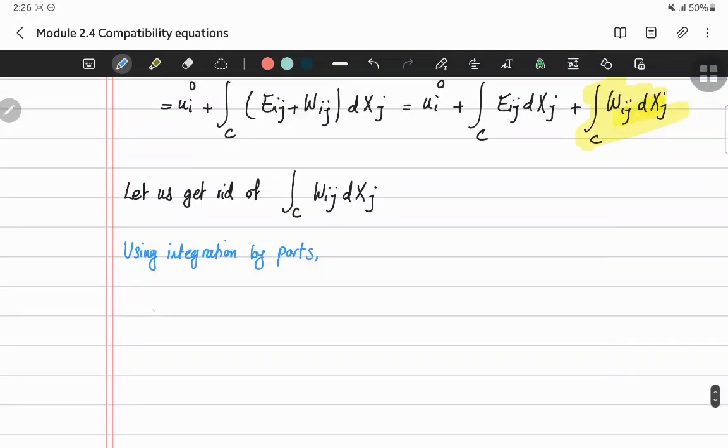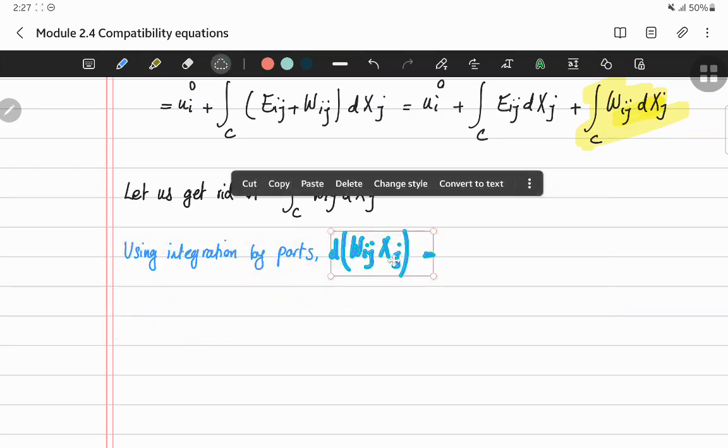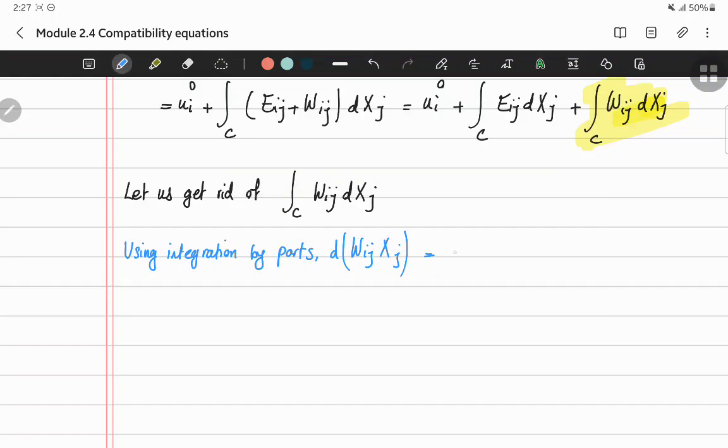we can write this as, so we have wij, right? And then we have xj. So if we differentiate this expression, or maybe I can just move it here. Perfect. So I have dwij xj plus, sorry, wij dxj.